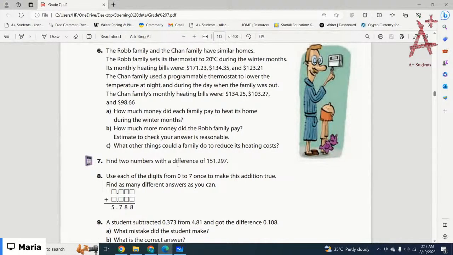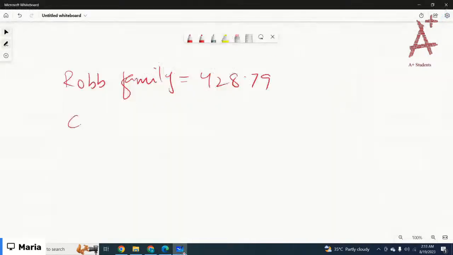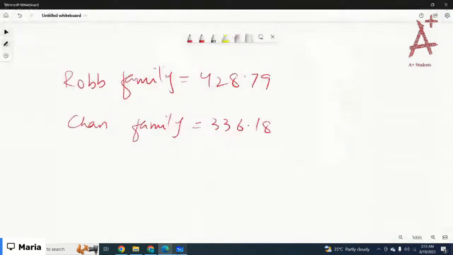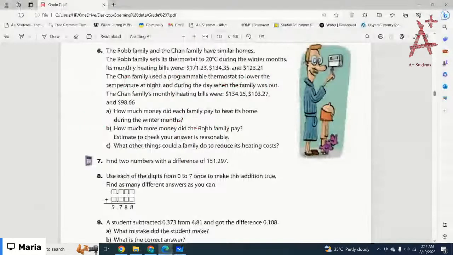When you add, that would be 336.18. That is the bill of the Chen family. The first part is how much money did each family pay to heat its home during the winter. You can see the total amount the Rob family paid is 428.79 and the total amount the Chen family paid is 336.18.